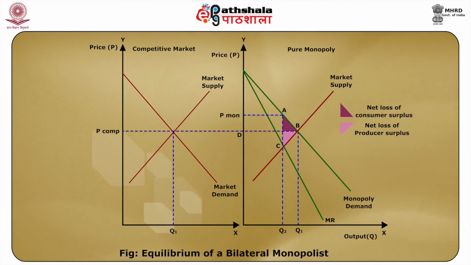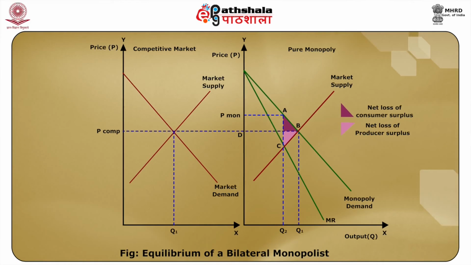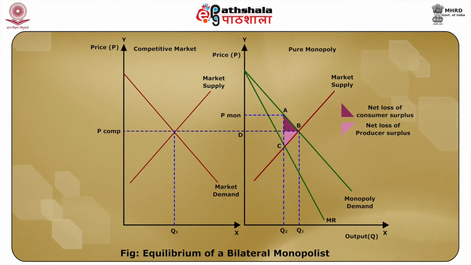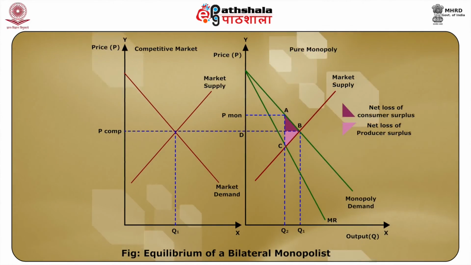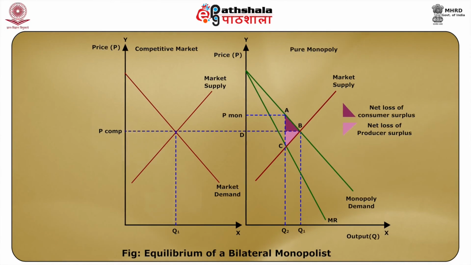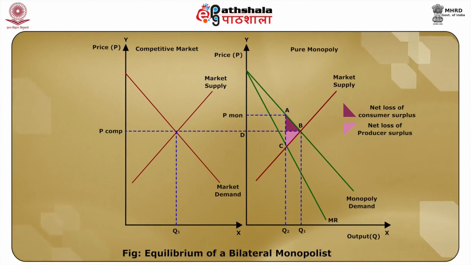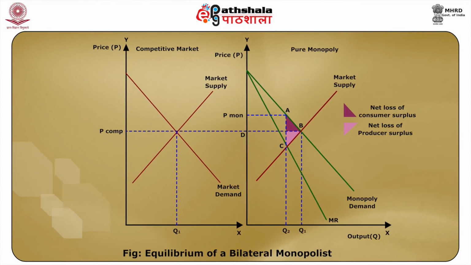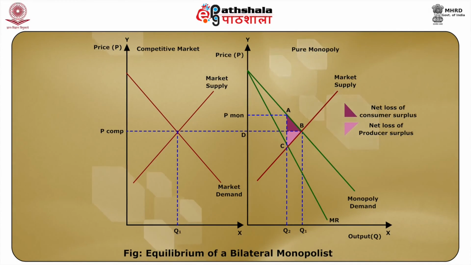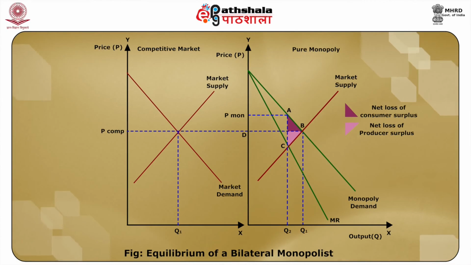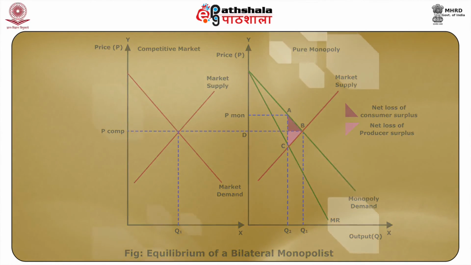But if the same industry were a monopoly, then social welfare would decline by the area A, B, C, as the monopoly restricts output at Q2 and charges the high price P monopoly. Monopoly restricts output by inefficiently allocating resources.